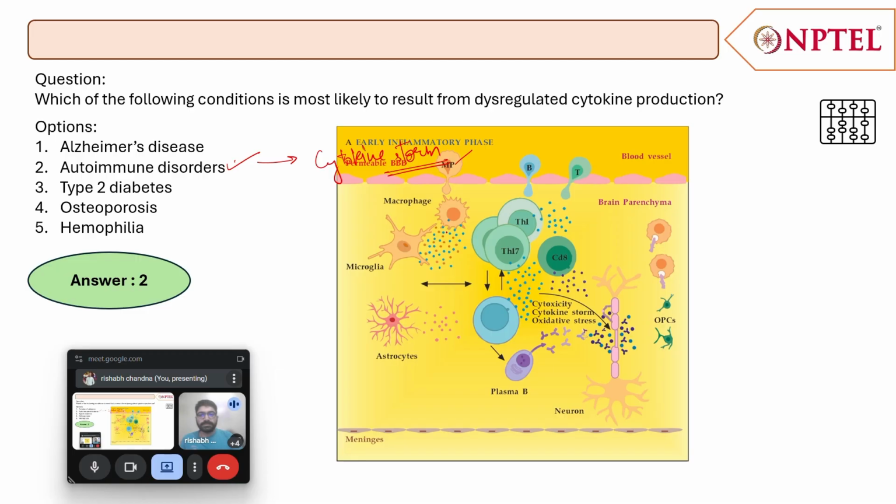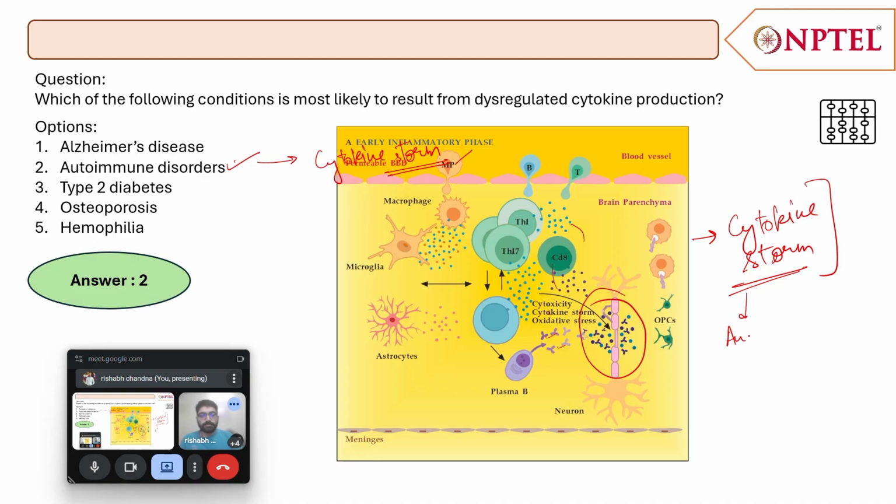The macrophages enter into the brain tissue, and it leads to the production of different types of cytokines that directly target the neurons. This is known as a cytokine storm, and this mostly takes place in autoimmune diseases.